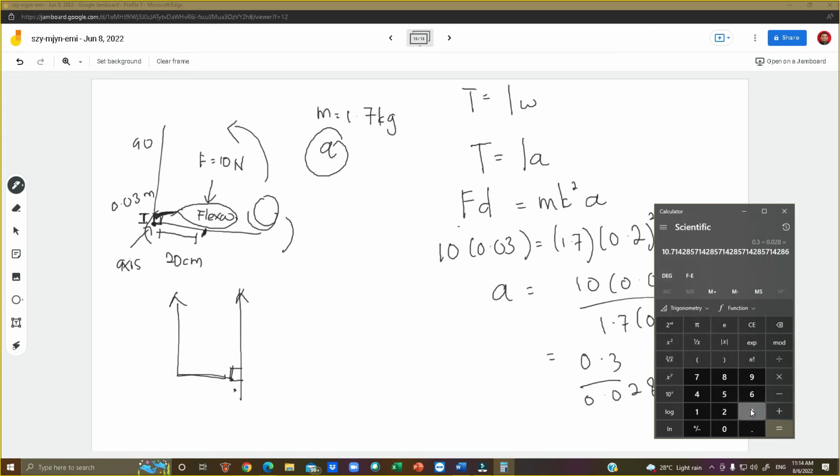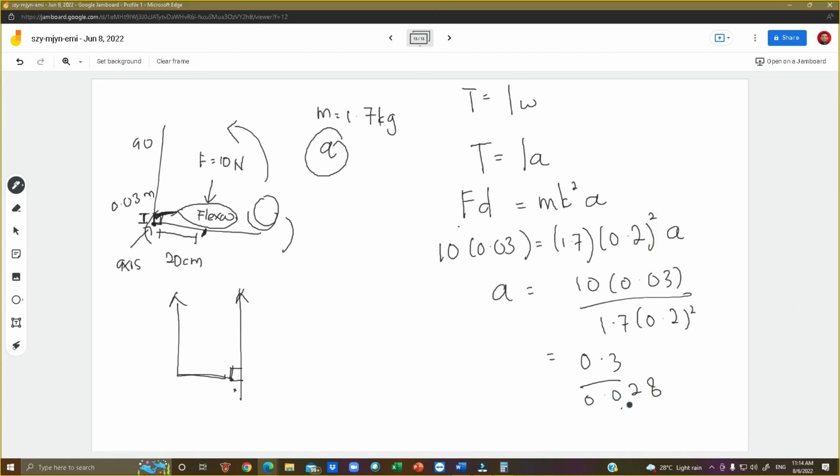Kat mana saya salah ni? Sekejap, saya ada kesilapan teknikal. 0.2 square, okay, times with 1.7. 0.068, bukan 0.028.